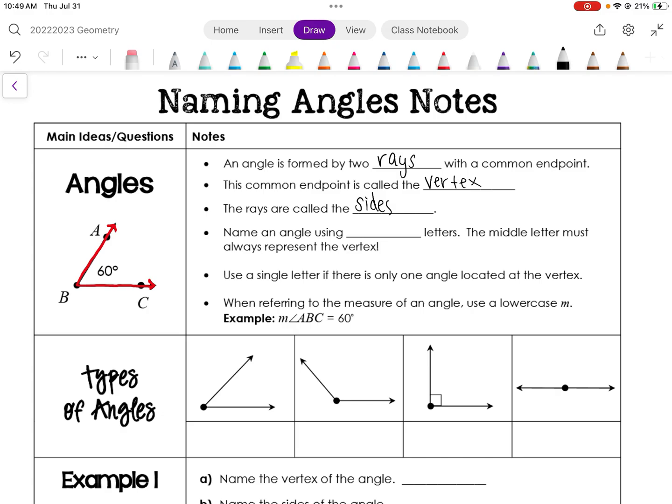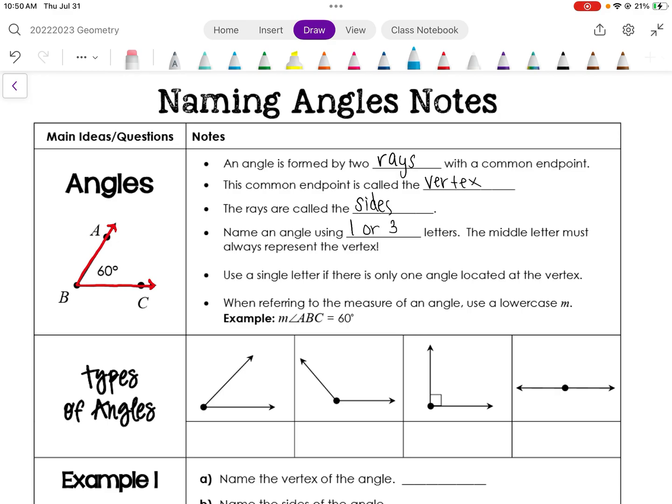And we are going to name an angle several ways, actually. So you can name an angle using 1 or 3 letters. If you're using 3 letters, the middle letter must be the vertex. If you use a single letter, that means there's only one angle at the vertex. So let me give you an example of that really quick. You already see the example drawn here.